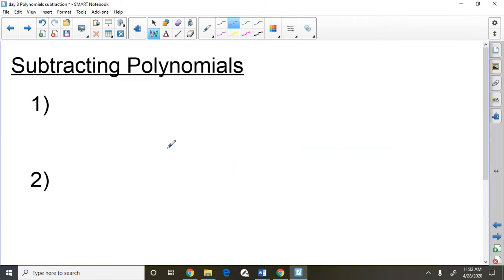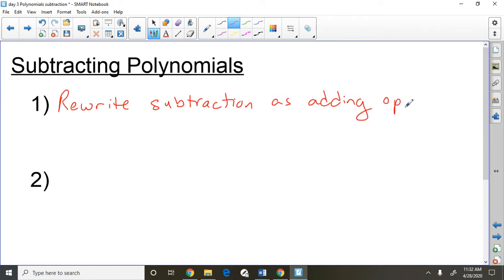When we subtract polynomials, the first thing we do is we rewrite the subtraction as adding the opposite. We know from years of math that if you have something like 5 minus 3, that's the same thing as 5 plus negative 3.